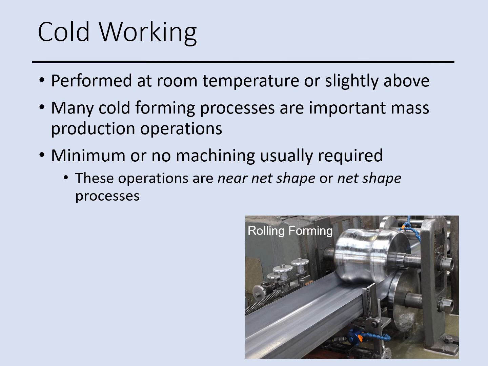When we do cold working, we normally have no machining processes, or maybe some small amount of machining is required. They are called near net shape. So once the process is done, it's ready for use.